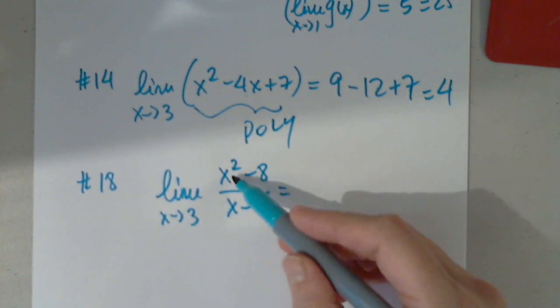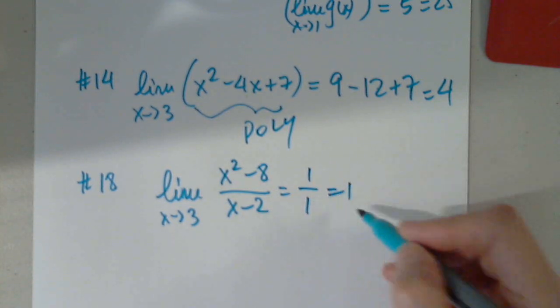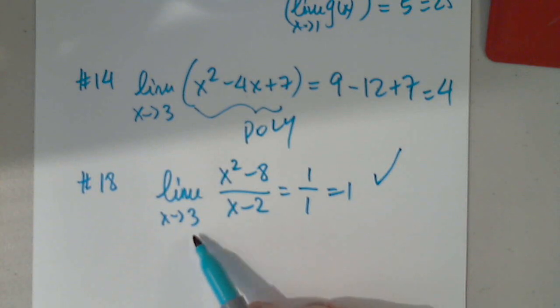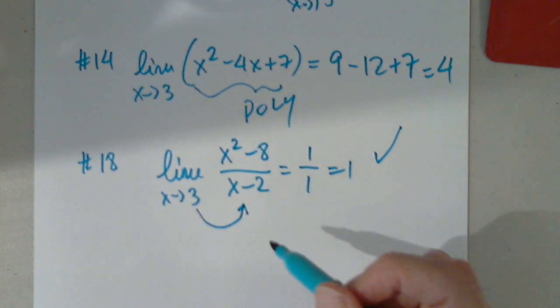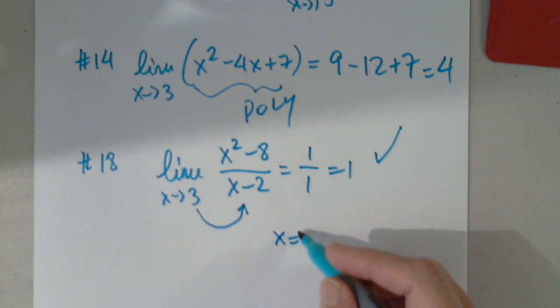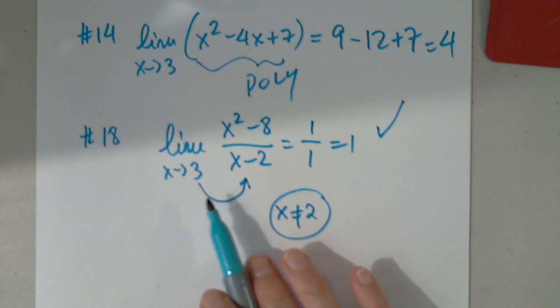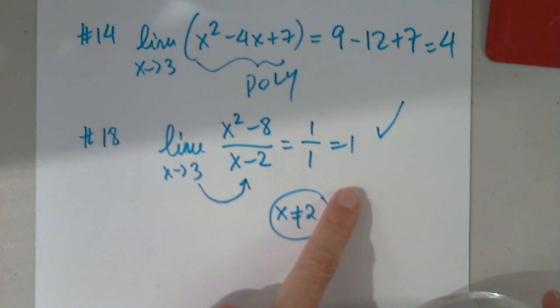So when I plug it in, I get 9 minus 8, which is 1, and 3 minus 2, which is 1, so the limit is 1. Why did I get a limit? Because 3 is in the domain of this function. What is not in the domain of this function is x equals 2. But 3 is in the domain of the function, so by simply plugging it in, I get the limit.